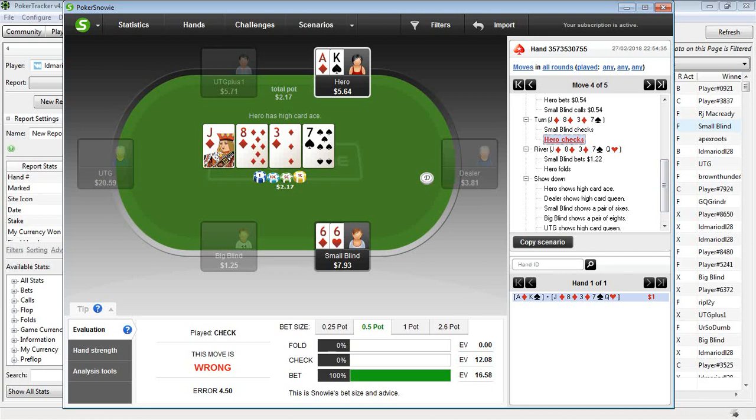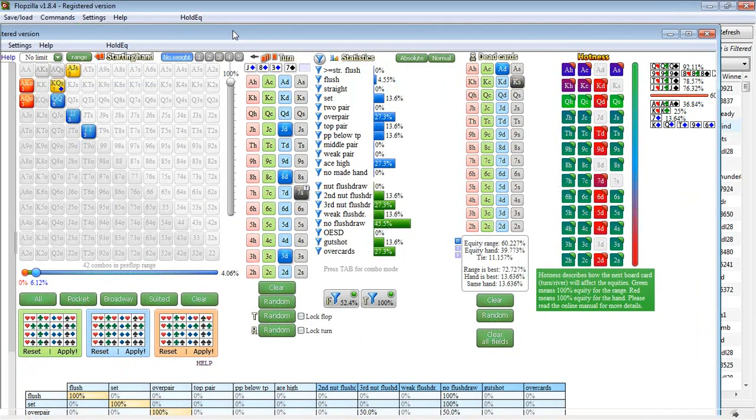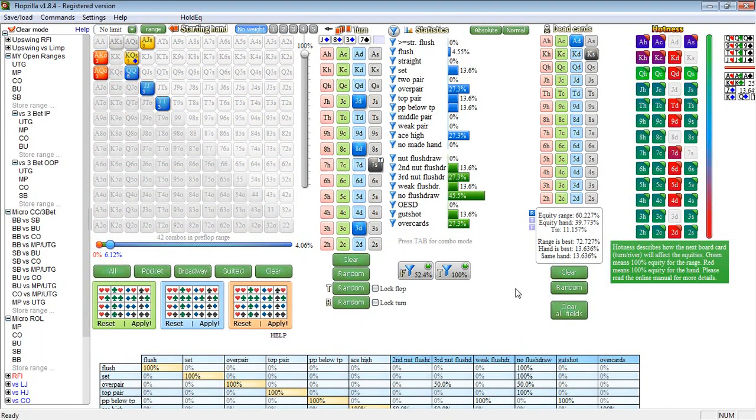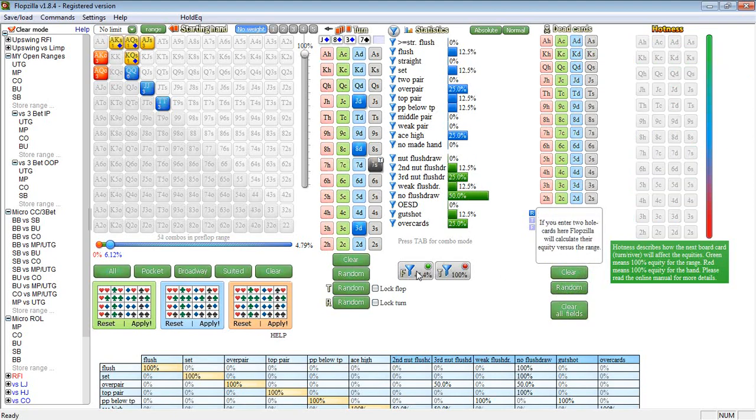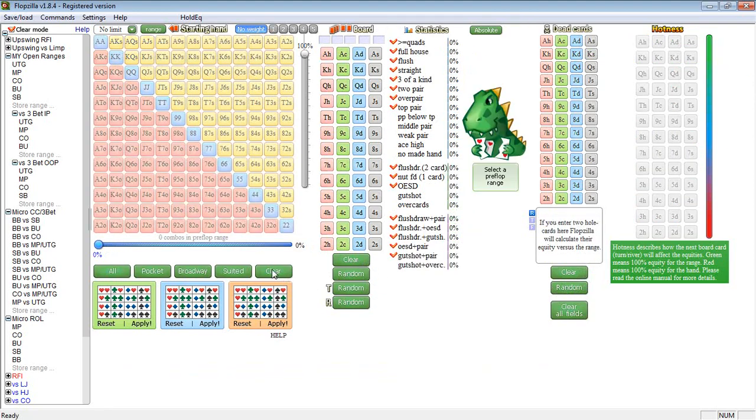Let me just see my 4-betting range real quick. He 3-bet me. Let's just see. I just want to see something. I'm in position versus 3-bet, and I am in the cutoff.